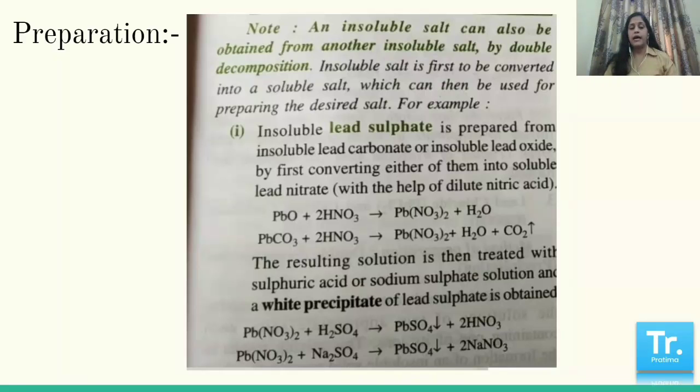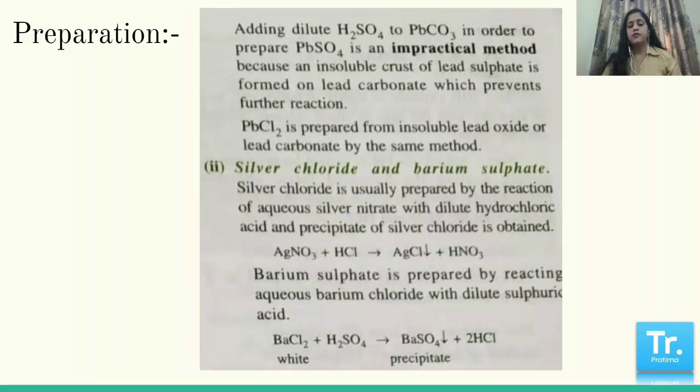This particular part is very important, and I'm sure you're going to get one question from here because it is up to that level. Next, you can even prepare silver chloride and barium sulfate, which we discussed just now, that silver nitrate reagent is used to identify any chloride and barium chloride is used to identify any sulfate. So definitely you are getting the insoluble salts silver chloride and barium sulfate, and both are white precipitates.